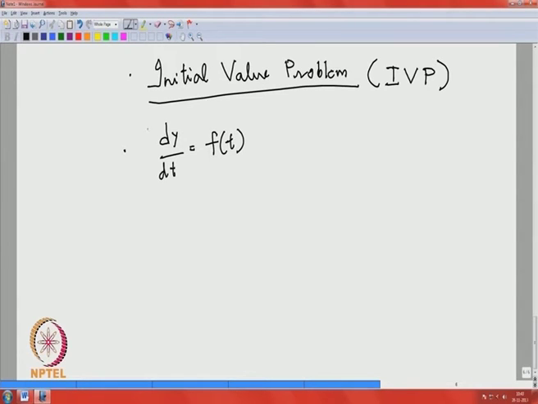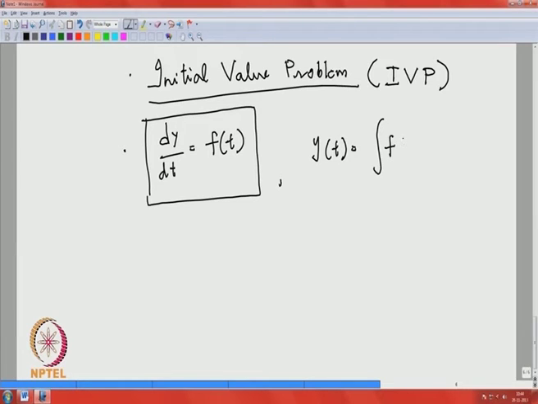When you are given such a relation, the integral calculus problem tells you that, given f, you want to solve for y of t, and formally you can write this as the integral of f of s ds or f of t dt, it does not matter, plus probably a constant.